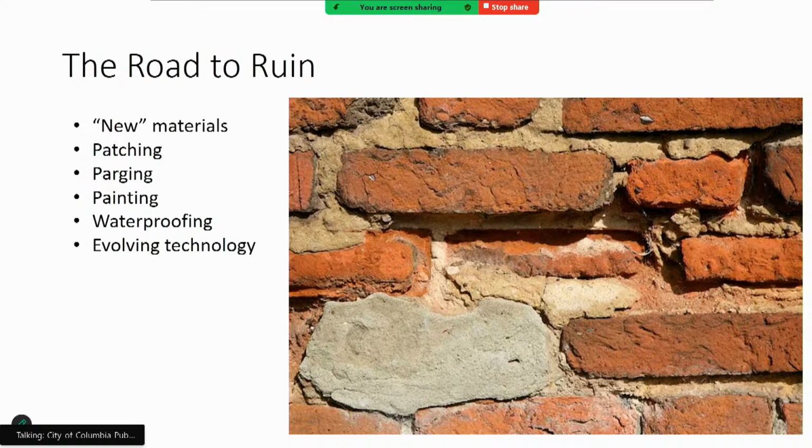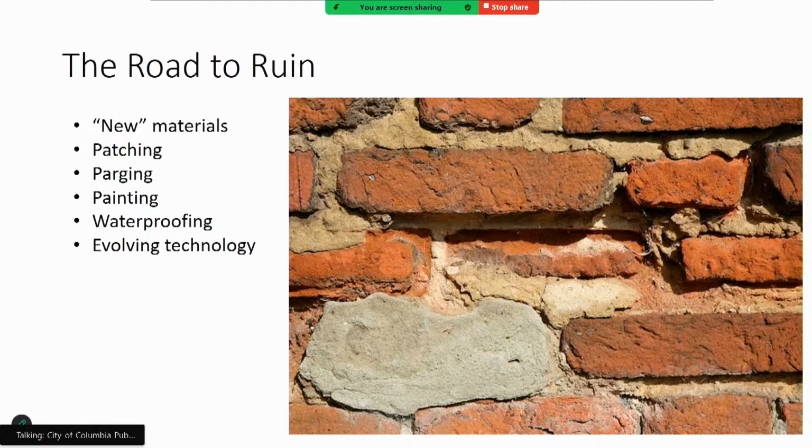So it's best just to let the building function like it's supposed to, and let it breathe. As I was saying, even with water repellents, you don't know. It may cause like a film on the building. It could end up trapping some of the water in there, and it might just be a brick here or there, but that's still an issue.